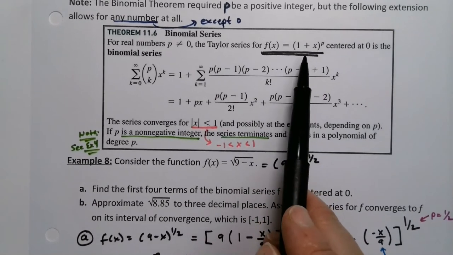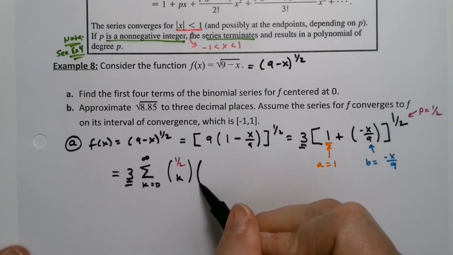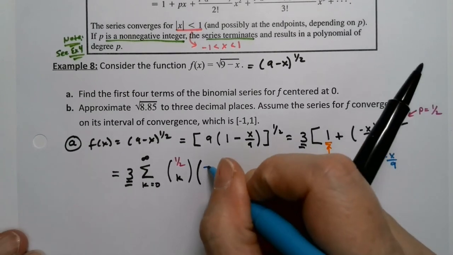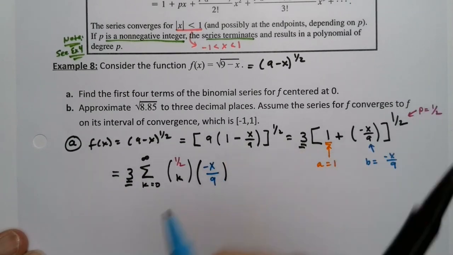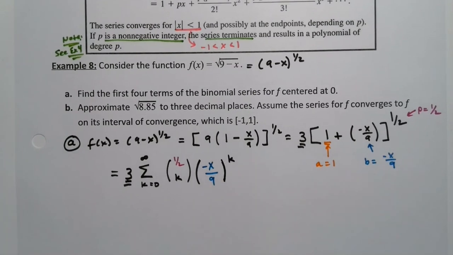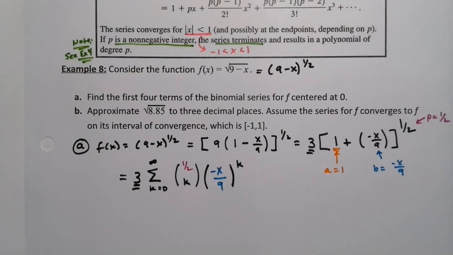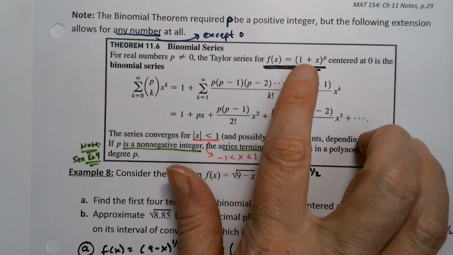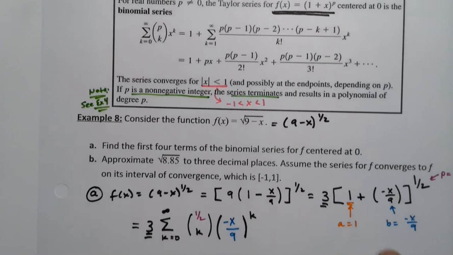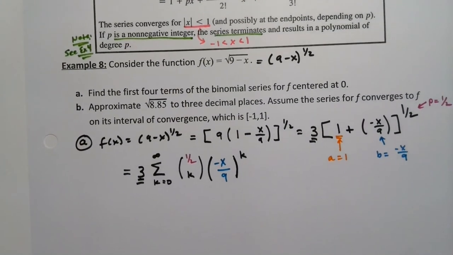In the theorem, they're using x, but in my problem, I'm going to use negative x over 9 to the k. So it has to be basically in the same form if you're going to use this theorem. In particular, you need a 1 in front. So I made it so there was 1 in front, and then it's okay if there's a little function of x, and that's what I used right there. So negative x over 9. So this is the Taylor series, or the binomial series, excuse me.